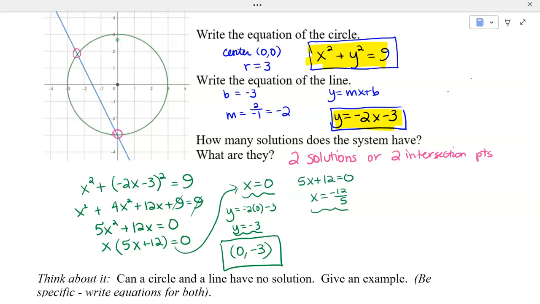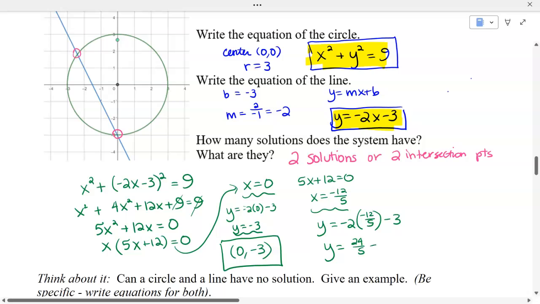Now, if I put negative 12/5 into my equation, I have y equals negative 2 times negative 12/5 minus 3. I'm going to have to get a common denominator to combine these terms. I'm first going to multiply here, and I get 24/5. And when I get a common denominator, the 3 is going to end up being 15/5.